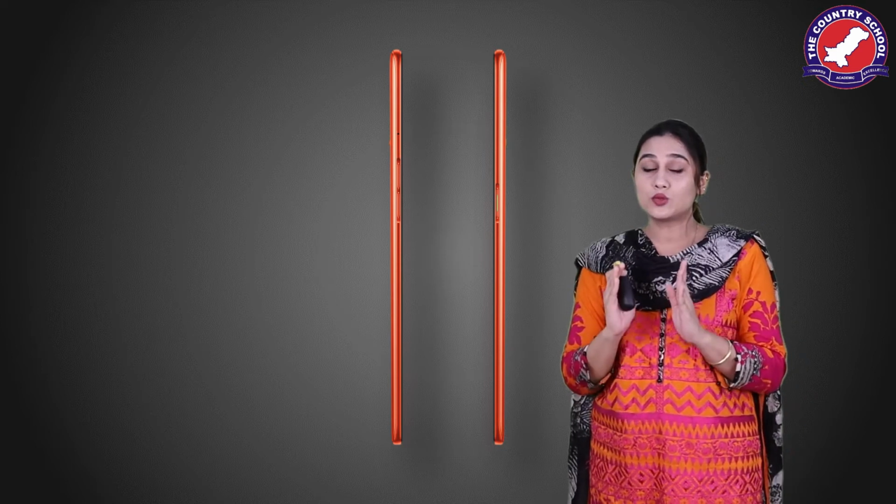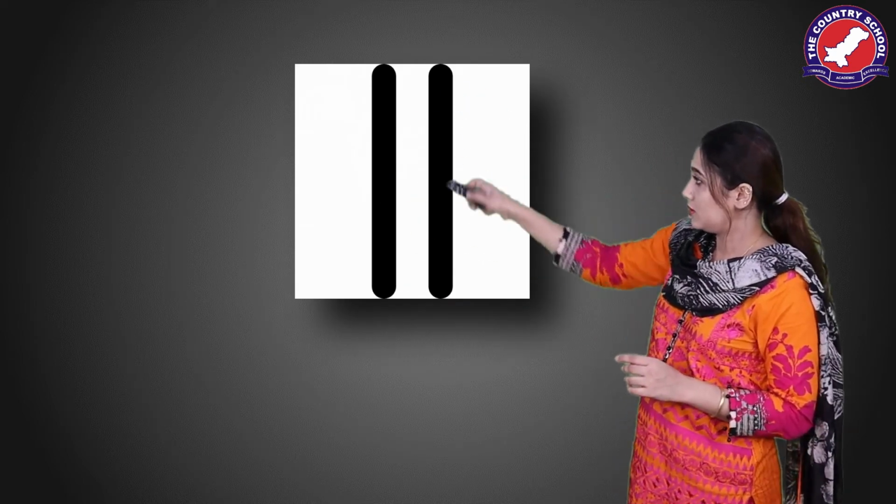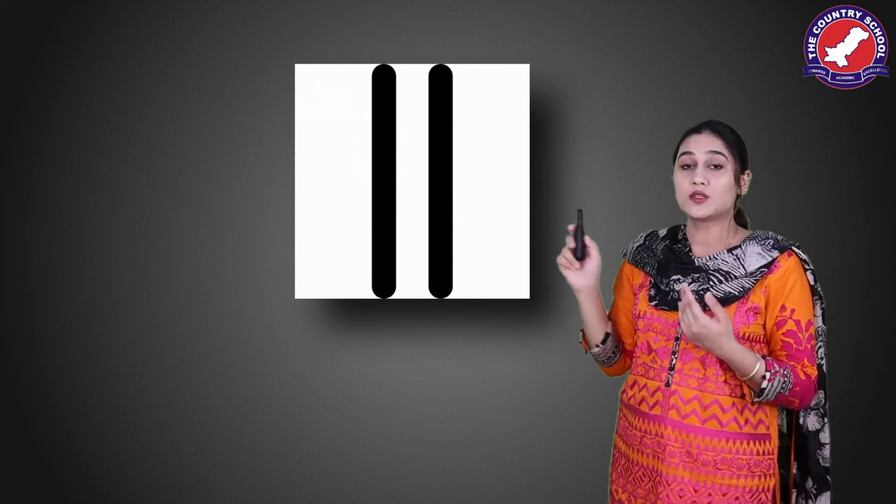The distance between two lines of parallel lines is never different. They're always the same. Symbolically, parallel lines are written as these two lines. The two lines, two straight lines, are the symbolic representation of parallel lines.